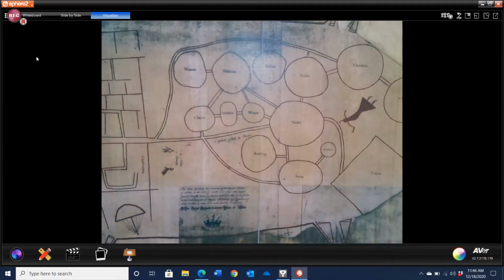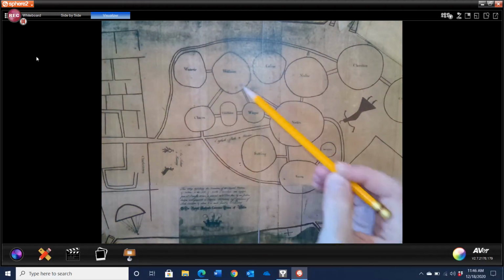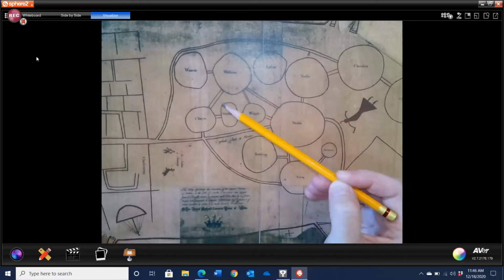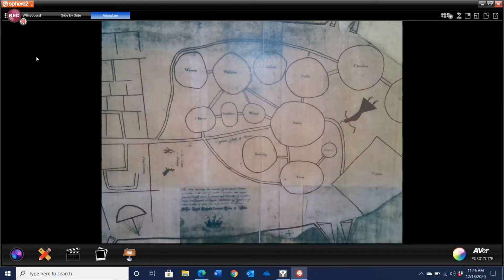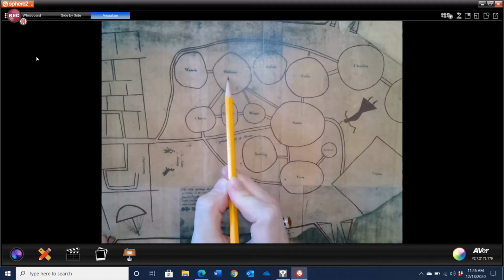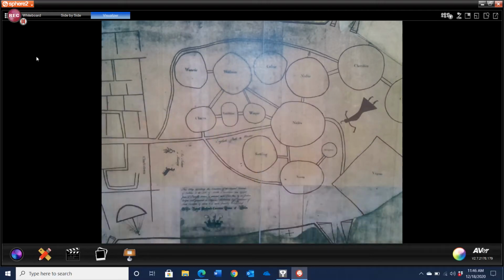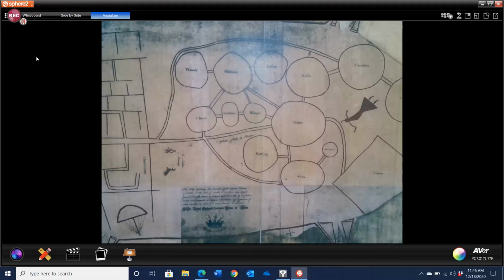Taking a look at some of these other paths that are showing these going from one group to another. So this isn't necessarily specific roads, but perhaps relationships, and that this group was in communication with this one, that was in communication with this one, and perhaps it's showing more of that aspect of these relationships.